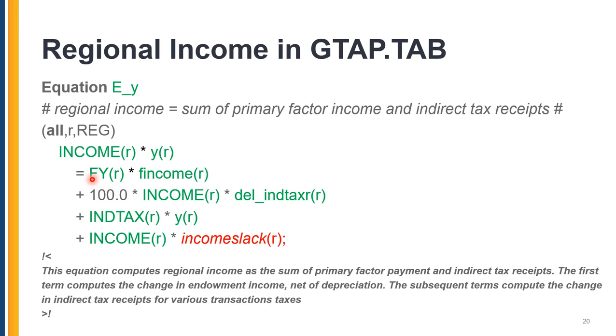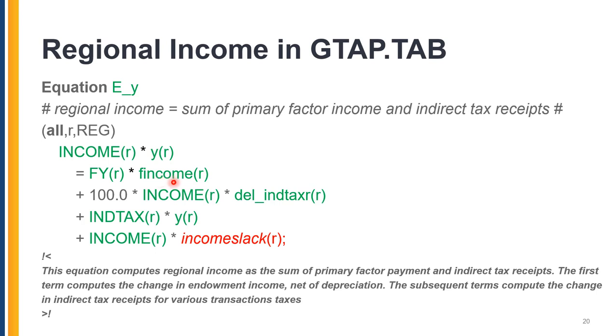And it's made up of the change to factor income. So this is the starting level of factor income. Add up all of the value of returns to land, labor, and capital, natural resources in the model, and multiply by the percentage change in factor income.